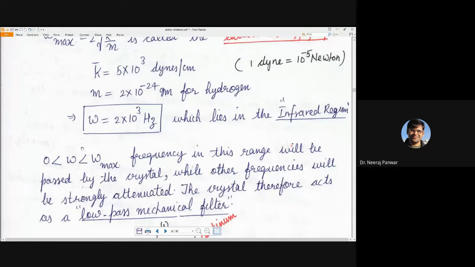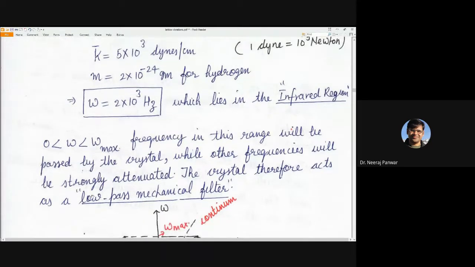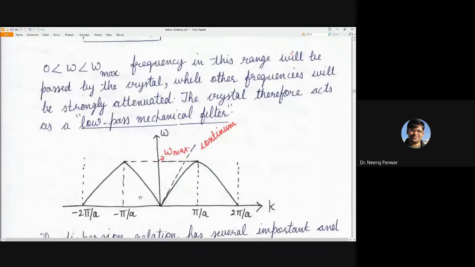The lattice can allow only lattice vibrations with frequency between 0 and omega max. Any frequency greater than omega max will not exist in the crystal, or the crystal will not allow the frequency beyond omega max to pass. Therefore, the crystal behaves as a low pass mechanical filter.